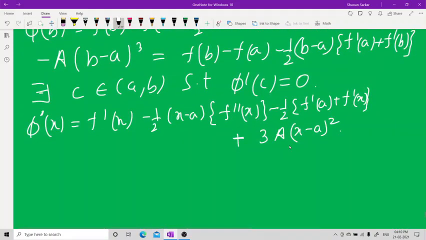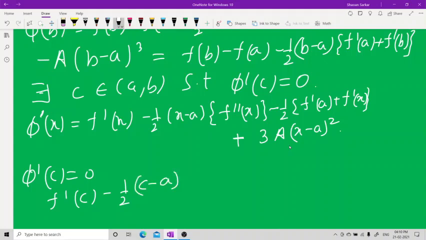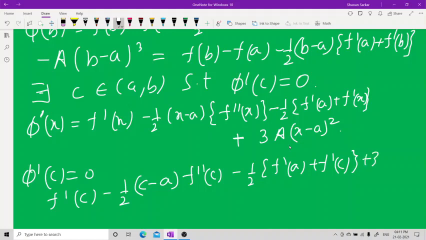Now phi dash c is 0. Therefore f dash c minus half [f dash a plus f dash c] minus half (c minus a) f double dash c plus 3a (c minus a) whole square is equal to 0.